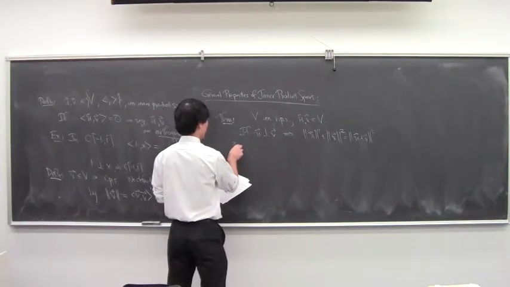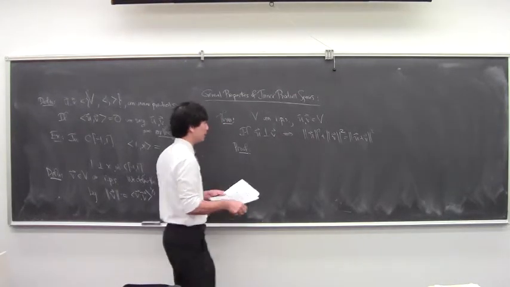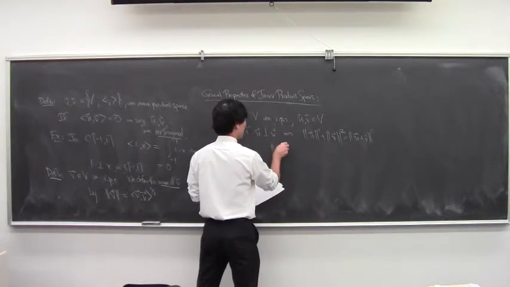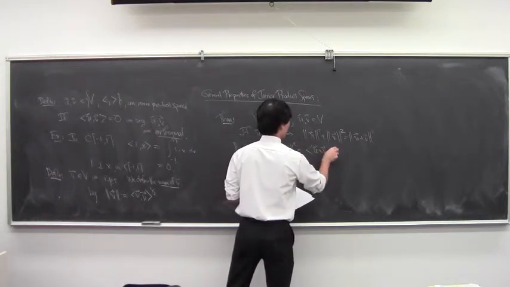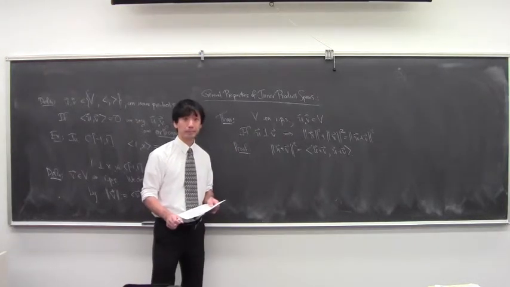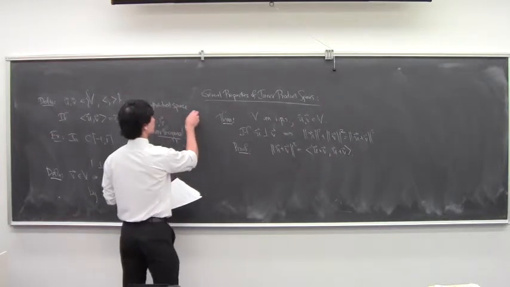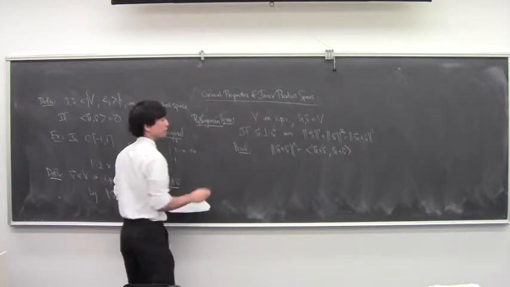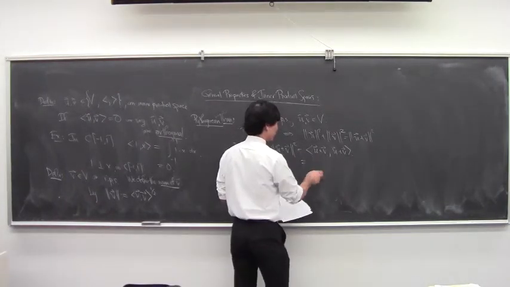and the proof is as follows. Look, if I look at the norm of u plus v squared, that's just the inner product of u plus v with u plus v. Then use your properties of inner products.